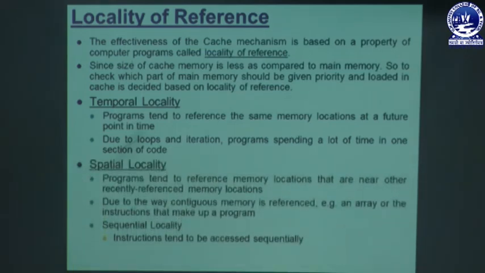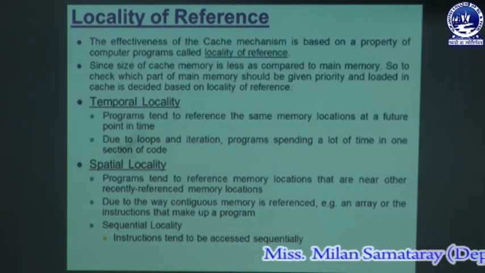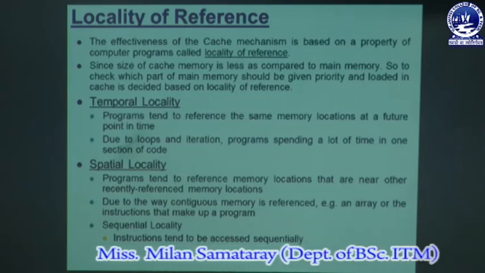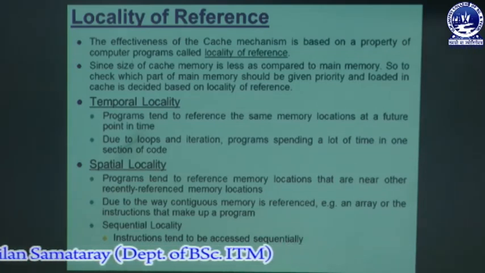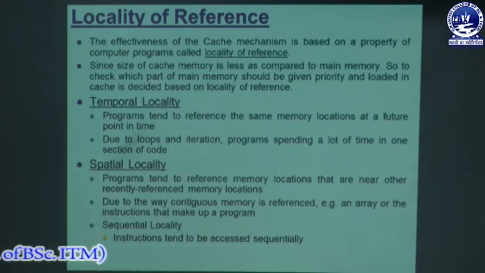Next one is our spatial locality of reference. Spatial locality means the programs tend to reference memory locations that are near other recently referenced memory locations. In the temporal locality, you choose the memory location which was referenced recently, and assume that it may be referenced at a future point of time.